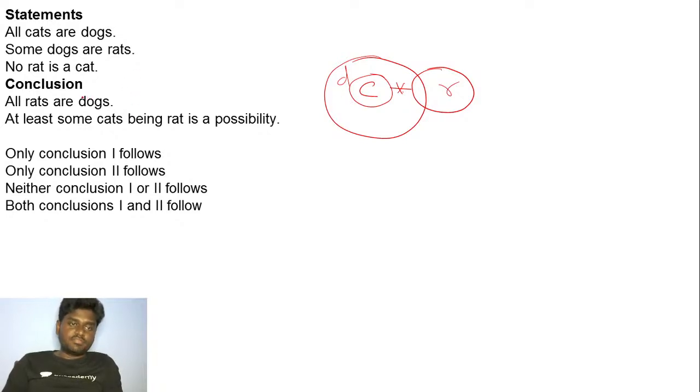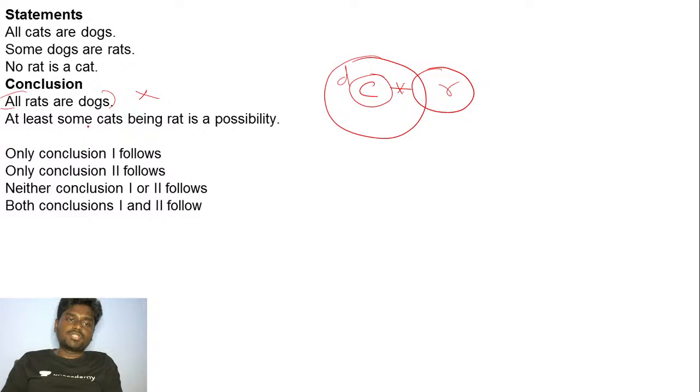If you see the first conclusion, you need to see whether rat is completely inside dog. If they say all rats are dogs, you need to simply see whether rat is completely inside dog. Definitely not. So this is false.